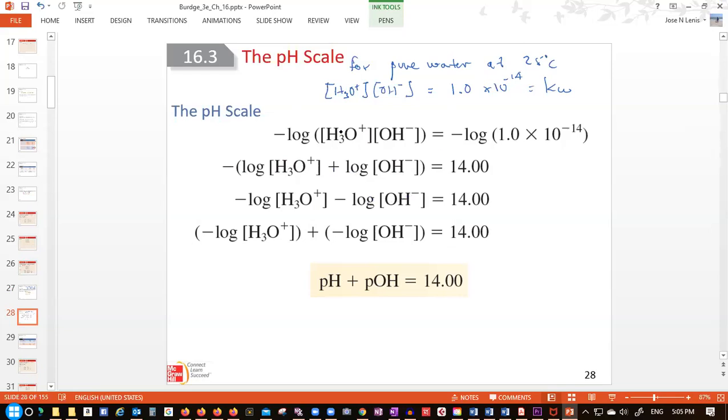Remember, we are applying negative log on both terms, because you have negative times the whole expression, equals negative log of 1.0 times 10 to the negative 14, and we know the negative log of that number is just 14.